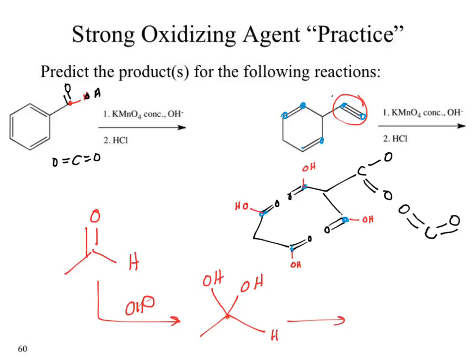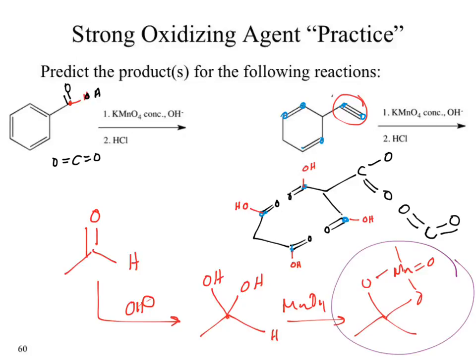That diol reacts with permanganate, that says Mn. This is now your active species that does the oxidation. And if we have a hydrogen there, that hydrogen can be removed by a base, forming not an alkene, a carbonyl, and then these electrons come back down.